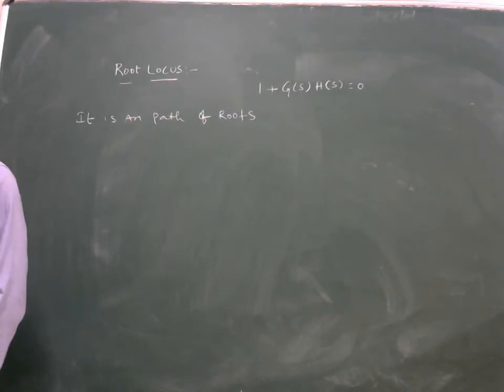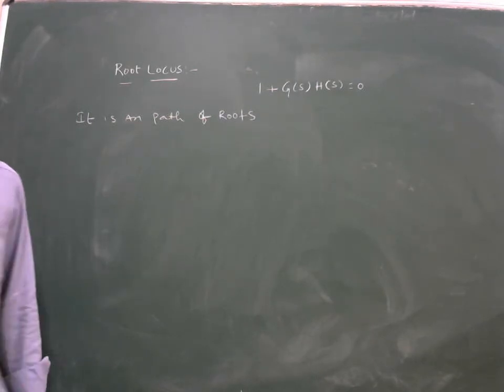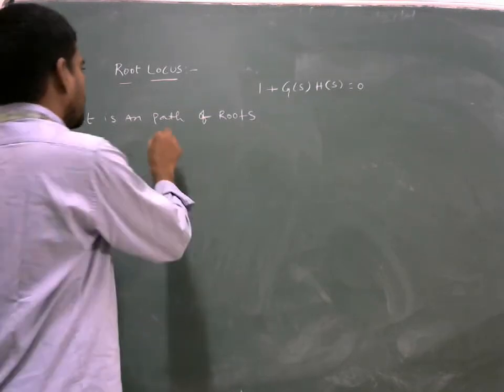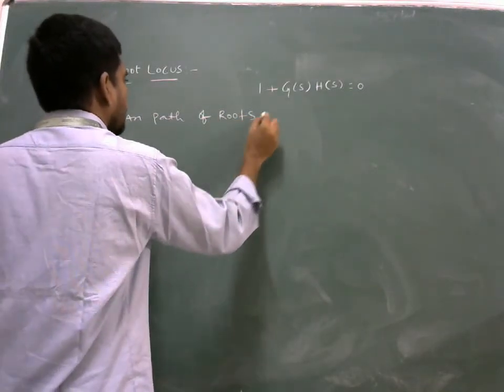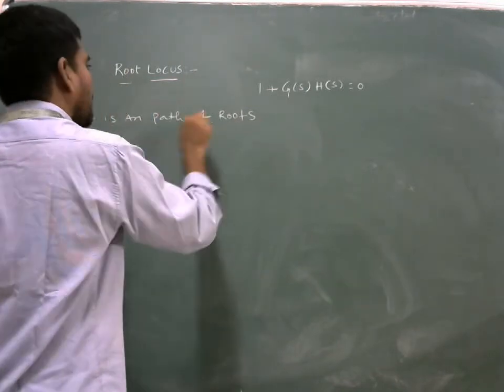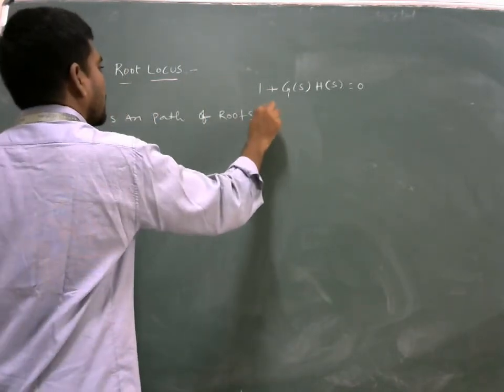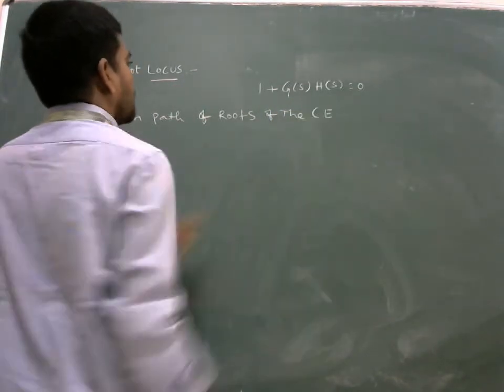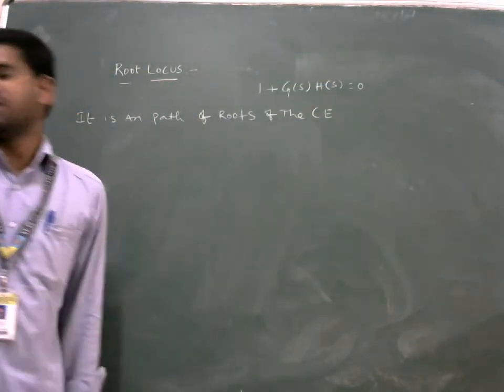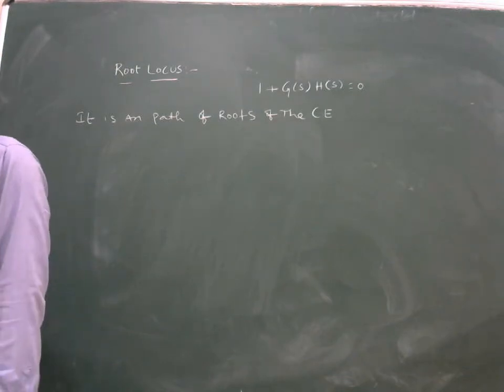The root locus is a path of the roots of the characteristic equation, that is, 1 plus G(s) H(s) equal to 0.